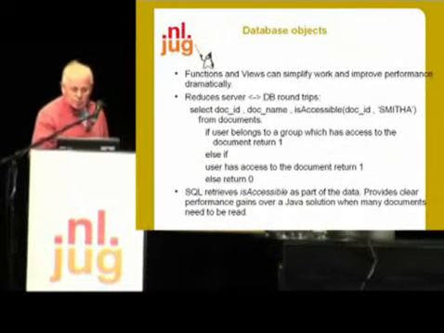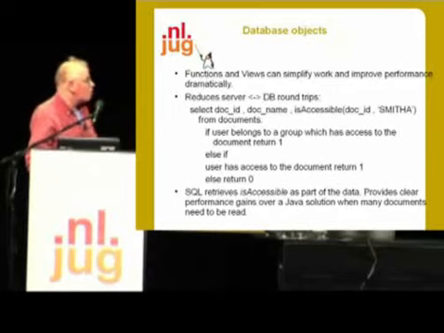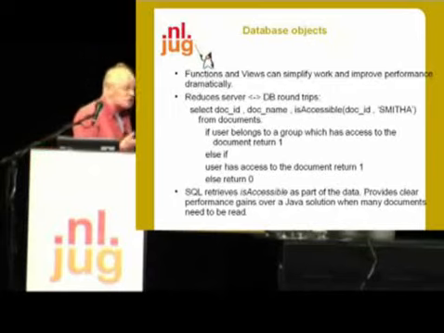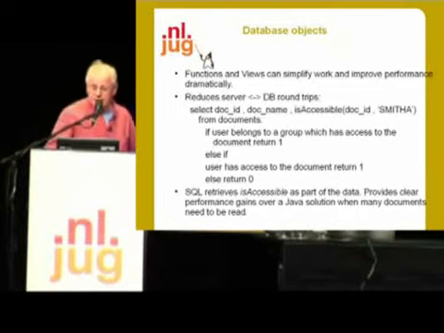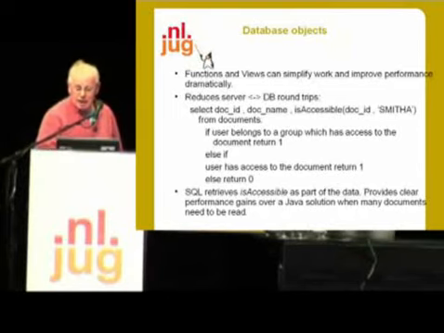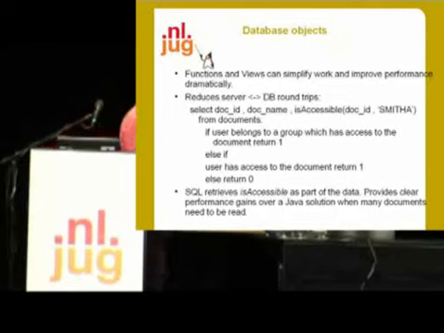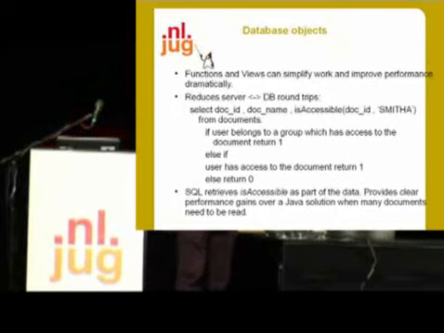So here's an example. I'm going to produce a report of all the documents which are available to me. I've got the document ID and the document name, and I want to know which ones are accessible for me, because I've got some very secure data here, and I don't want any of these documents to fall in the wrong hands.